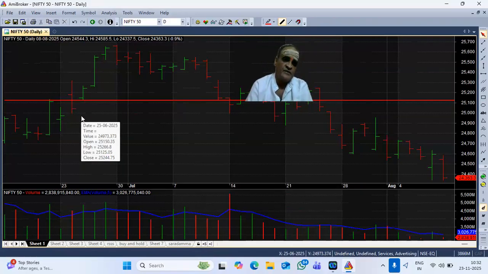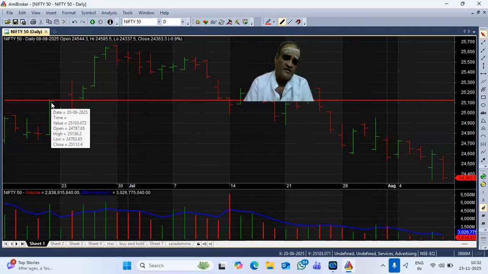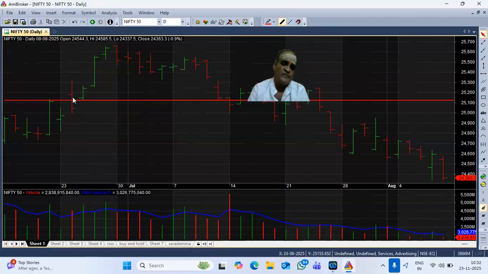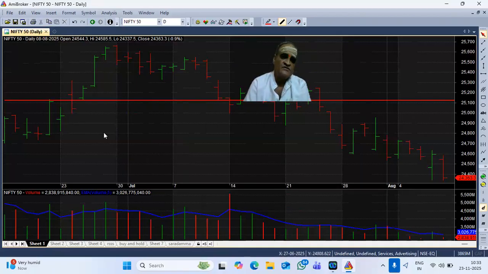What is the best area? The best area to buy is when price closes above this level, since this is the point we have taken. This day also the bar went above this level, so we may consider entering the stock, but at the same time we should not forget that the bar has to close above this level.